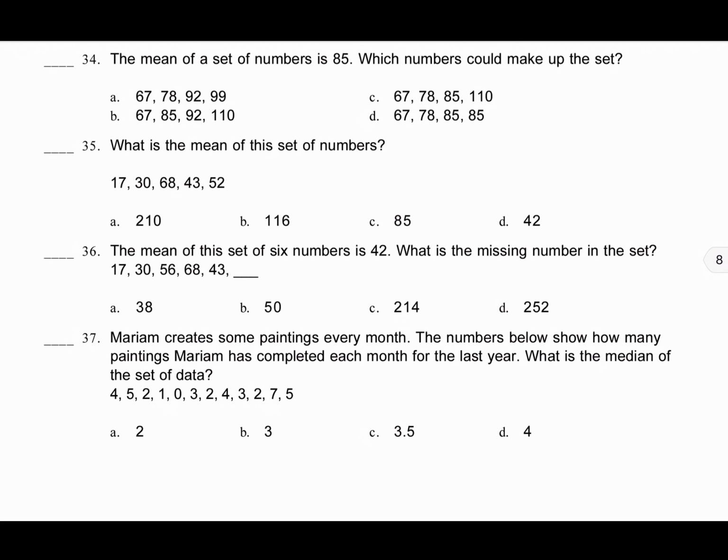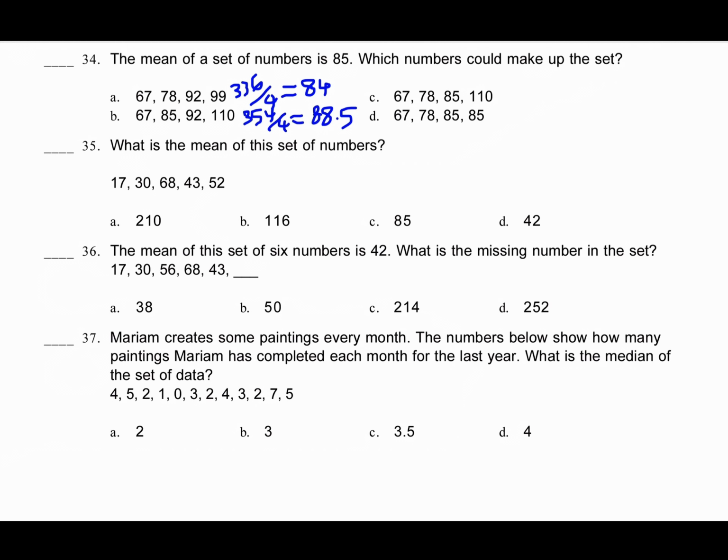Next question. The mean of a set of numbers is 85. Which numbers could make up the set? We have to calculate the mean of each set that we have. The first one, we add them and divide by 4, so the total of them is 336 divided by 4 equals 84. The second one, we add them all and divide by 4, so it would be 354 divided by 4, which is 88.5.